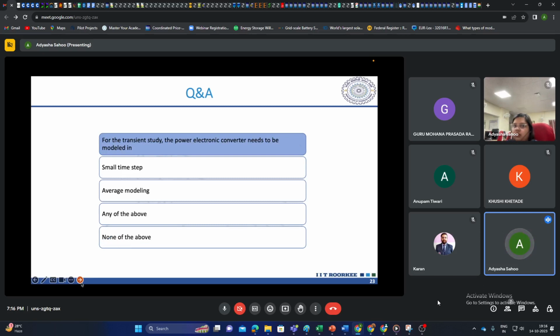Then, for the transient study, the power electronic converter needs to be modeled in small time step, average modeling, any of the above, or none of the above. Anyone else? We got one, small time step. Okay, another.